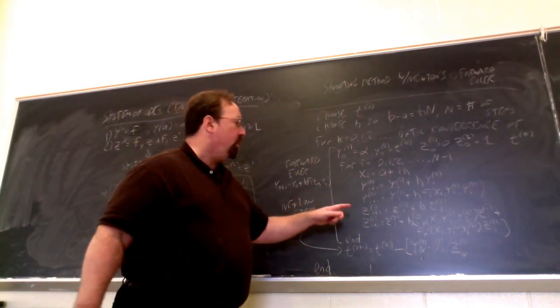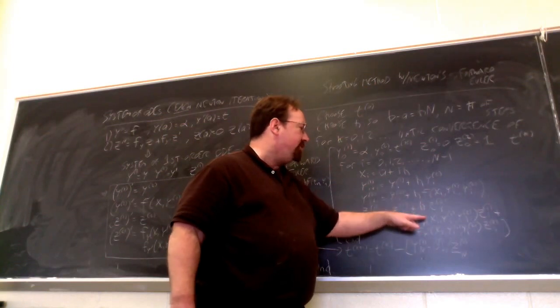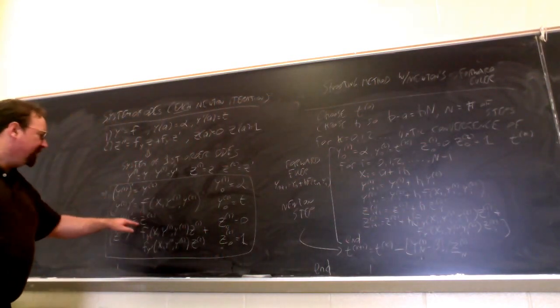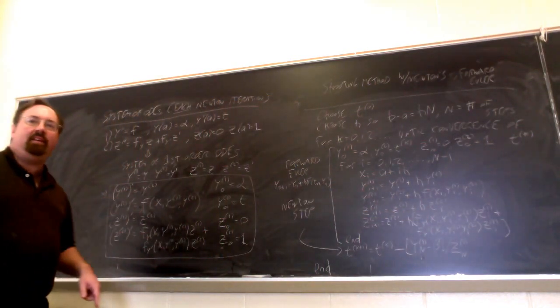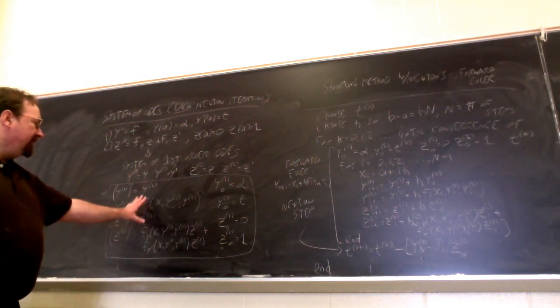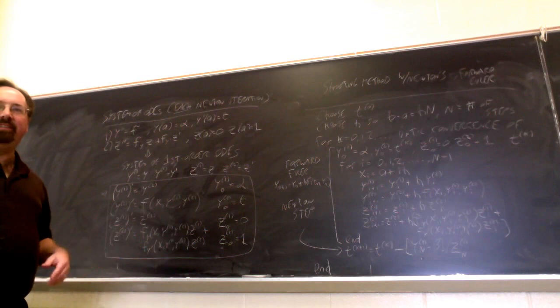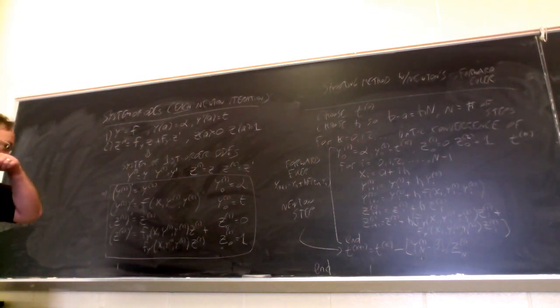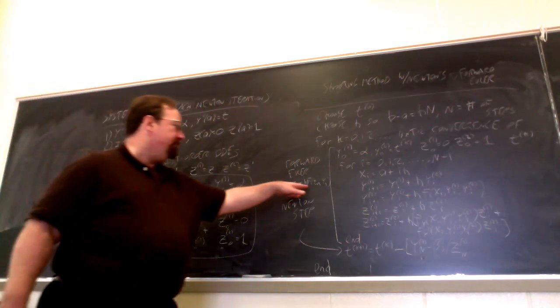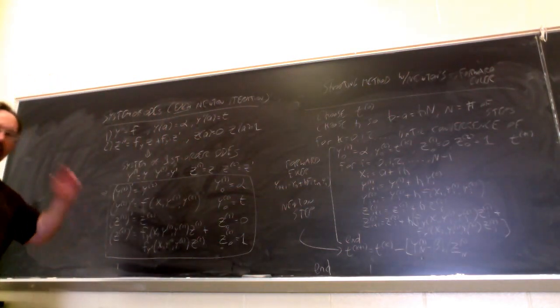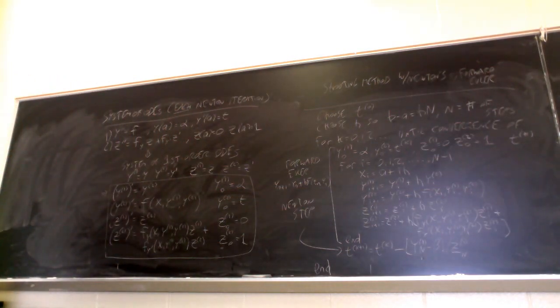So what you put here is h times these, because this defines your vector valued time derivative. So it's just this in a vectorized form. Is that it? Yeah, that's the whole algorithm.